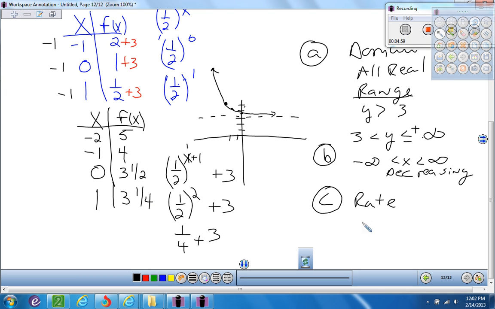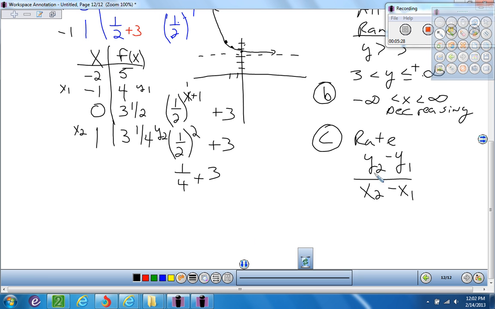Alright, now rate of change is going to be our change in y, so it's y2 minus y1 over x2 minus x1. Now, basically we're finding the slope, but this is not a line, so it's not a constant thing. This rate of change, similar idea. So we're going to use this as x1, this is y1, this is x2, this is y2.